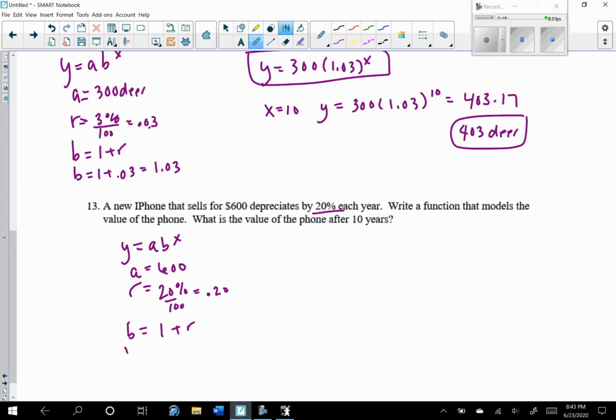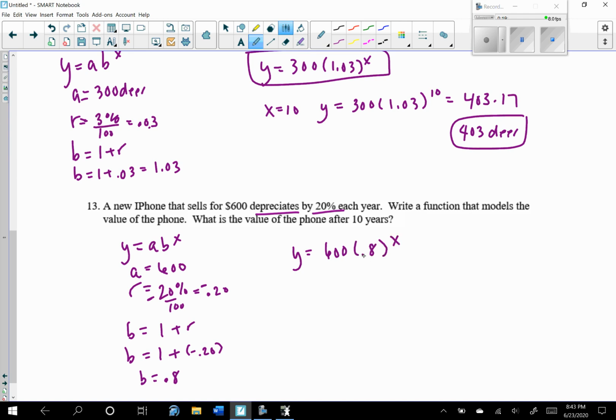So b equals, and we're depreciating, so I didn't put the negative in there. I need to put that negative there. Sorry about that. So 1 plus negative 0.20. So that gives us b is equal to 1 minus that, which is 0.8. So y equals 600 times 0.8 to the power of x.